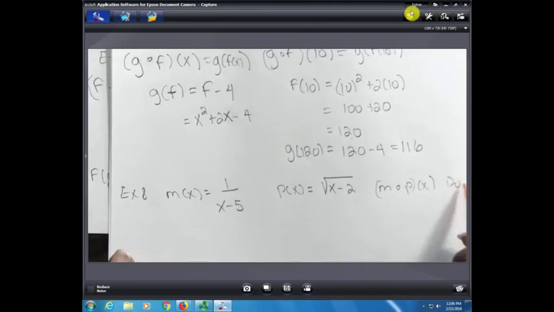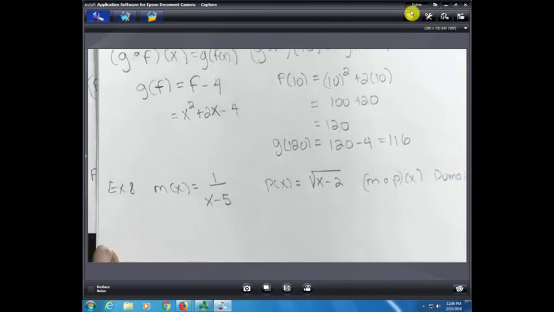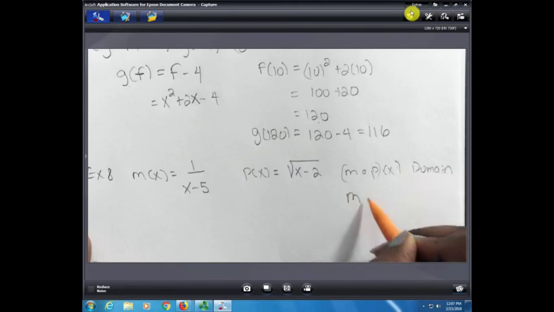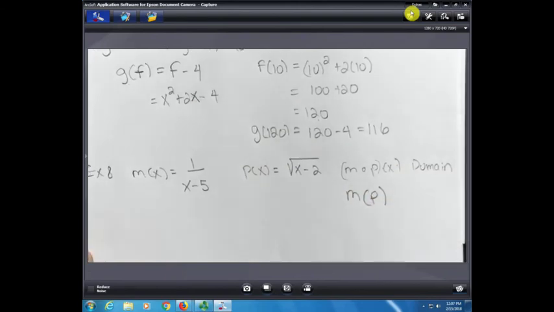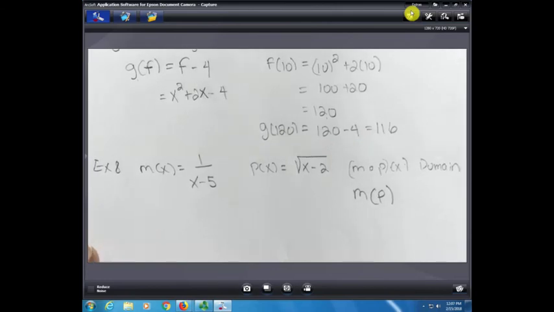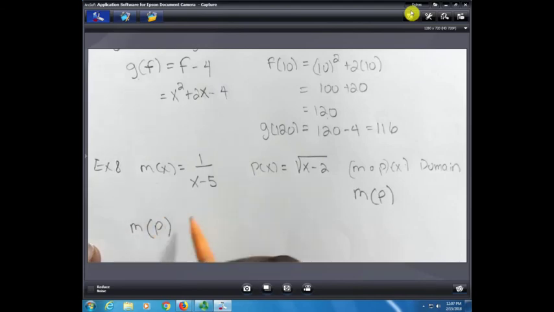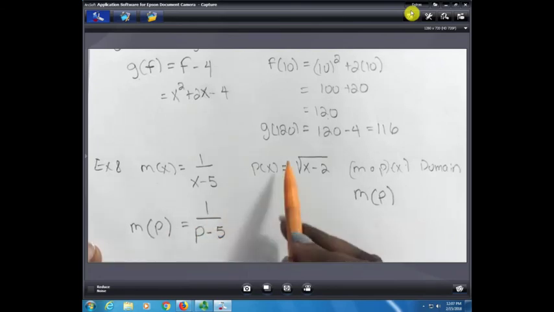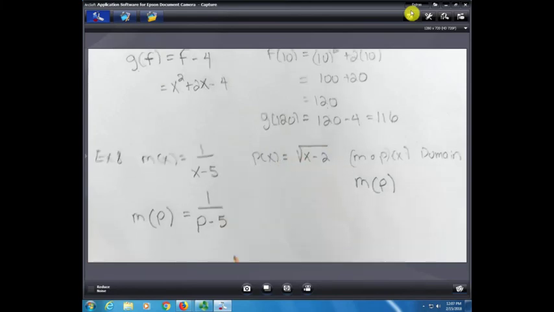And they want us to find the domain of this function. Now this m of p of x, you can rewrite this as m of p, if it helps you. So we're taking our m function and replacing all of our x's with p. But my p is the square root of x minus 2.